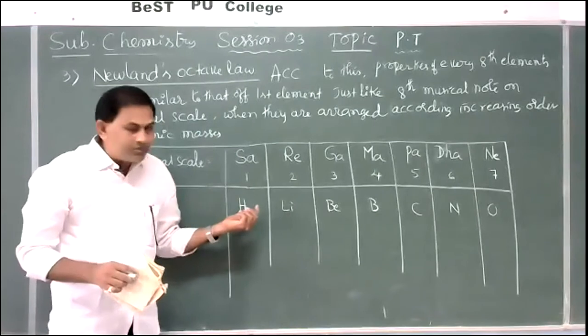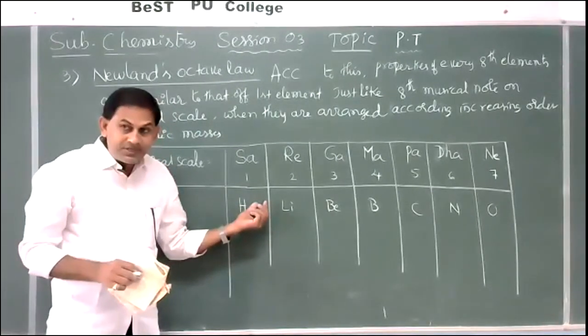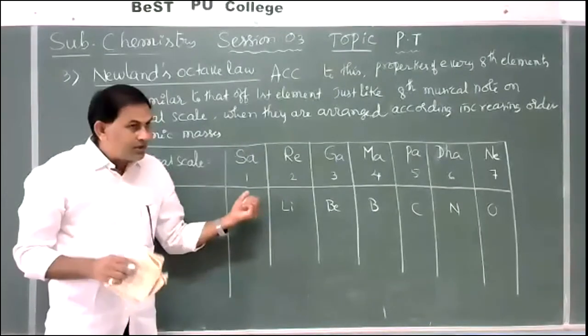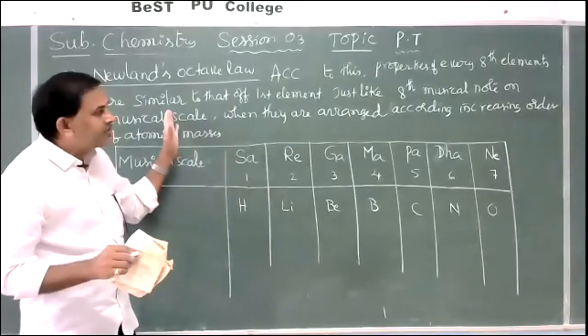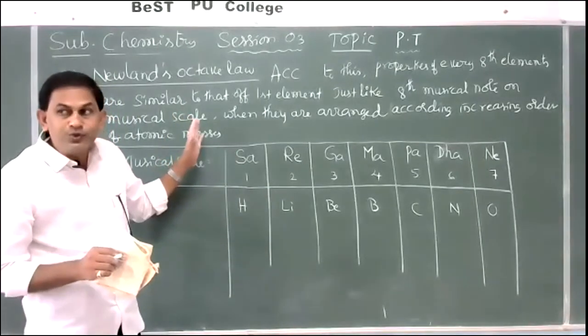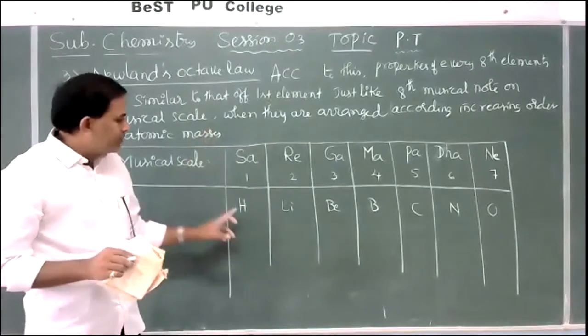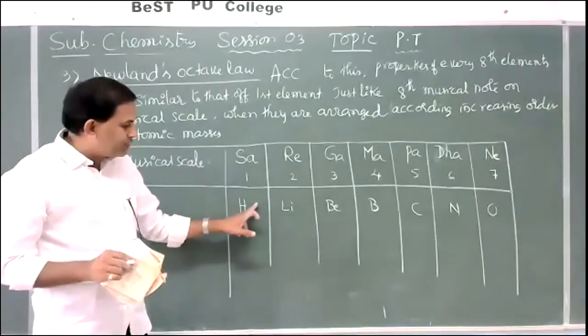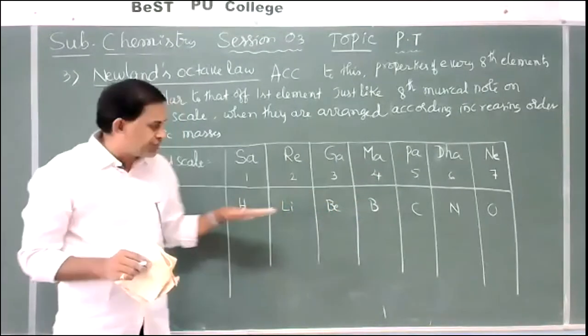People may think, sir, after hydrogen there is another important element, helium. Don't bother right now about the perfect long form of the periodic table. These are just ideas given to classify the elements, the basic classification. So here there is hydrogen, no helium, then lithium, beryllium, boron, carbon, nitrogen and oxygen.